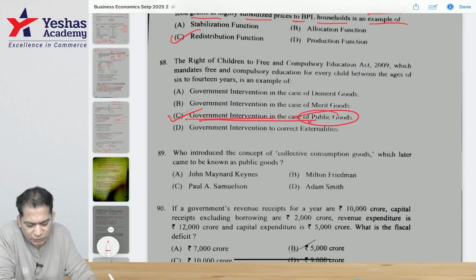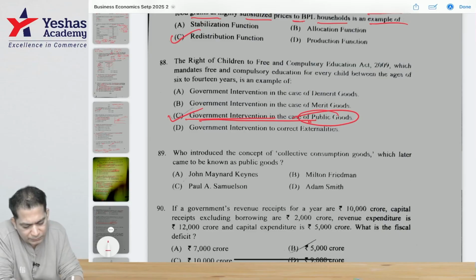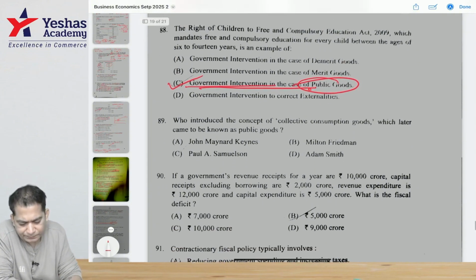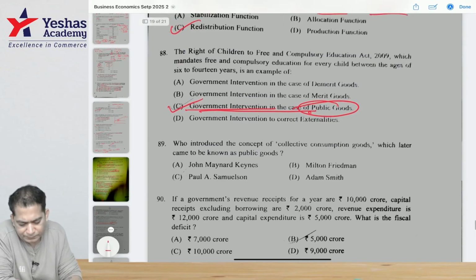Government intervention in case of merit goods. Just hold on. Education which mandates free and compulsory education for children. Yeah, I'll go better with public goods.